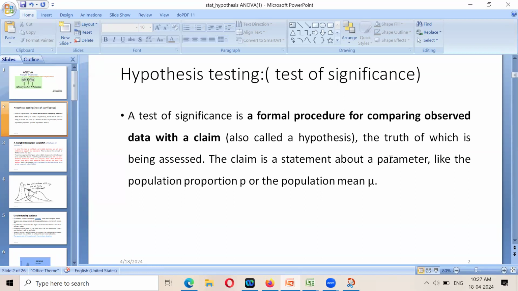Hypothesis testing is also called a test of significance. It is a formal procedure for comparing observed data with the claim. Analysis of variance is a hypothesis testing procedure used to evaluate differences between two or more samples.